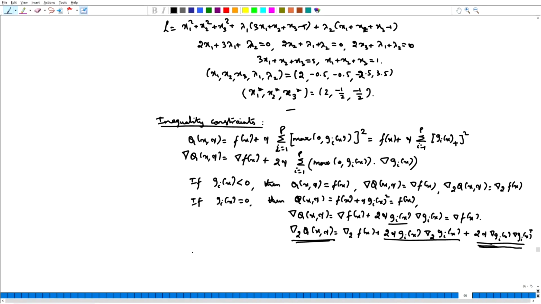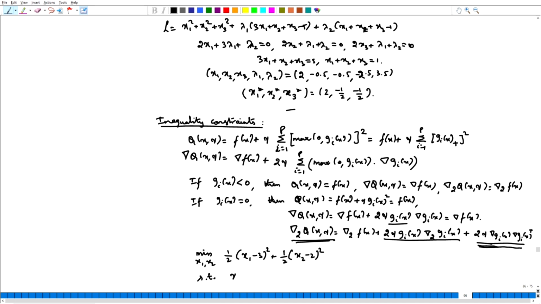Let us consider the following example. Let us minimize half x1 minus 3 the whole squared plus half x2 minus 2 the whole squared over x1, x2 of course, subject to the following inequality constraints.